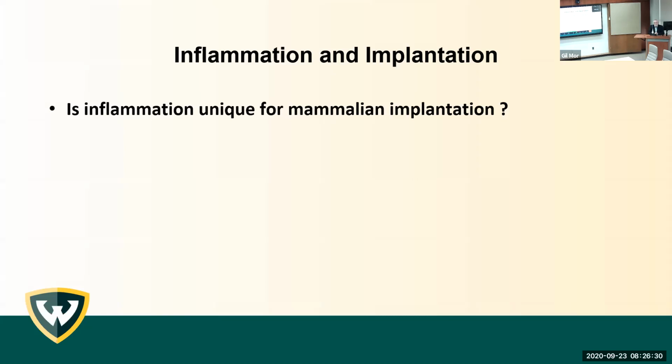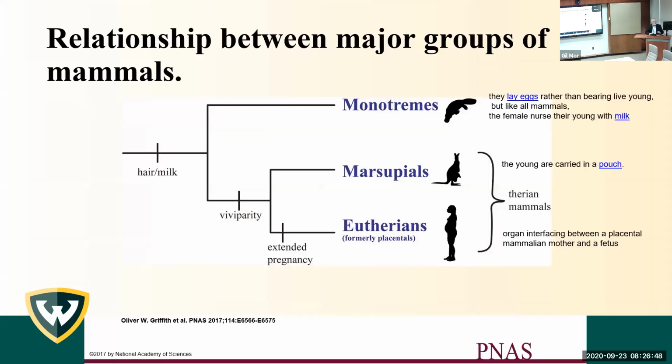He studies the evolution of reproduction. And he has been for many years trying to understand what are the characteristics of the evolutionary steps between the early process of reproduction and the mammalian reproduction. So he studies these three stages.